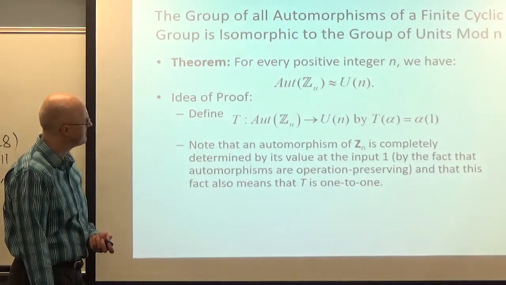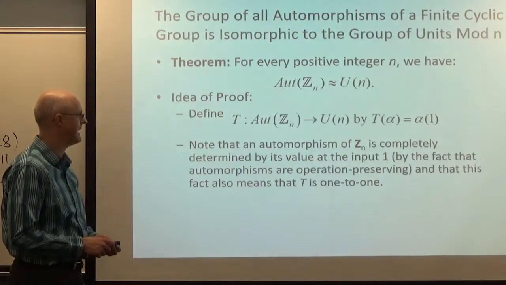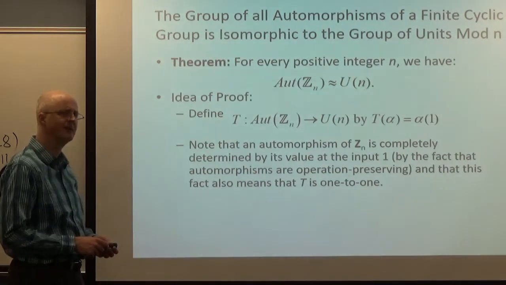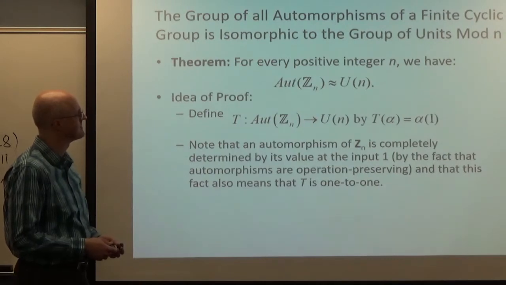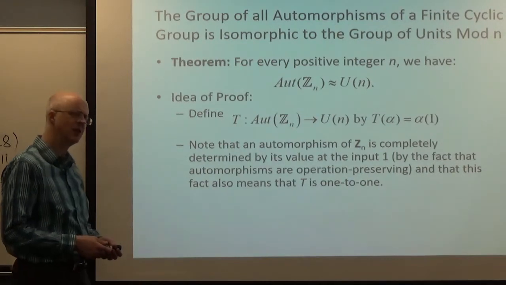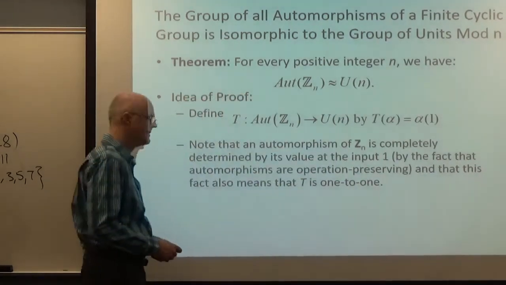Here's a key comment. An automorphism of Zn is completely determined by its value at the input 1. Alpha, an automorphism of Zn to itself, is completely determined as a function by whatever its value is at 1. Why?